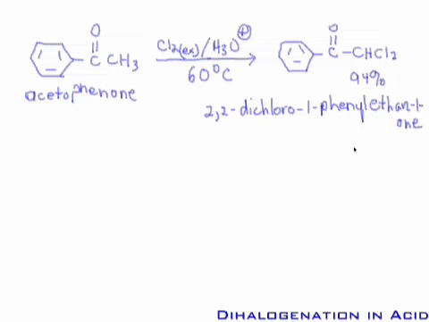Putting on a third chlorine under acidic conditions is just too difficult. And in order to do that, we usually shift and take a look at the reaction under basic conditions. So let's do that now and examine alpha-halogenation under basic conditions.